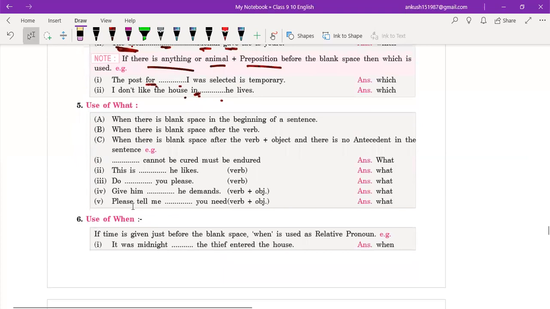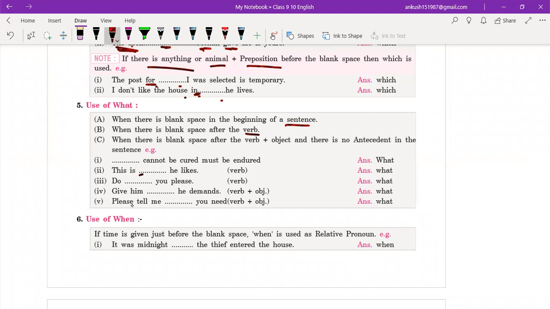Next is what. What is a word which can be used to ask a question as well as play the role of relative pronoun. When there is a blank space in the beginning of a sentence, what is used. When there is a blank space after a verb, like this is what he likes.